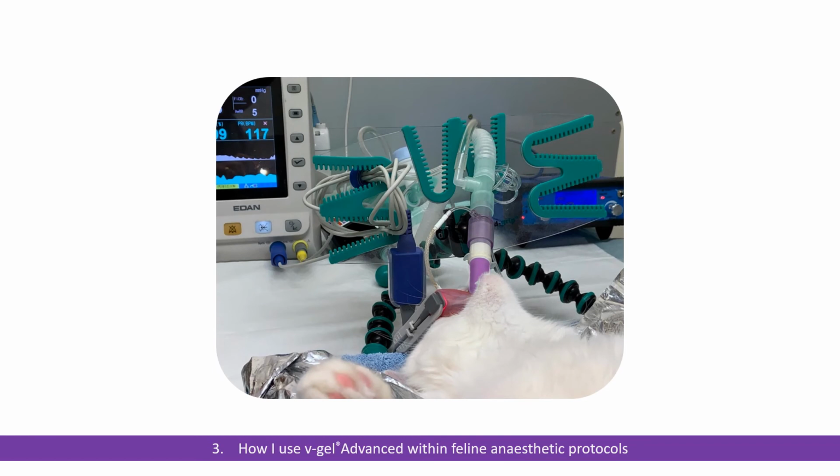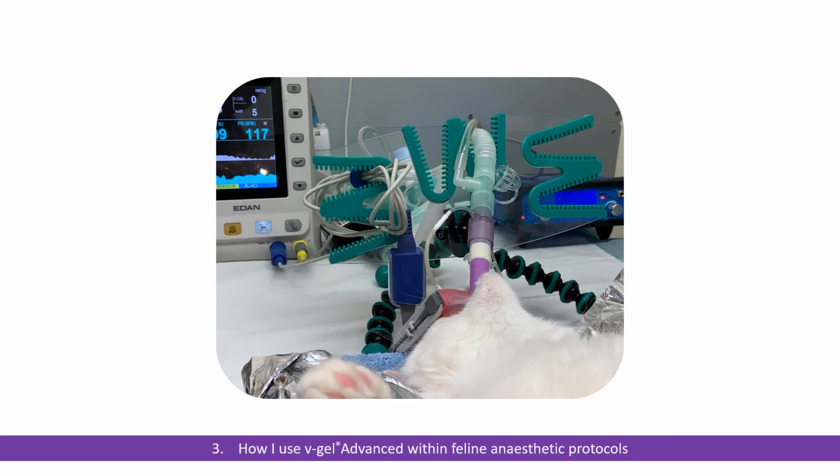Maintenance phase of anaesthetic then. You can see a V-gel set up here in our anaesthesia area in my clinic. You can see the V-gel coming out of the mouth, and they normally come out of the mouth at an angle of about 40-45 degrees or so. The D-grip is supporting the circuit so that the angle of the V-gel is maintained at about a 40 to 45 degree angle, and that means it's sitting naturally within the mouth and pharynx and not displacing any of the upper airway structures.